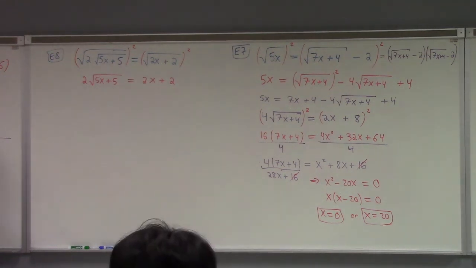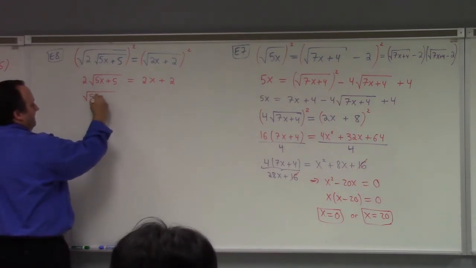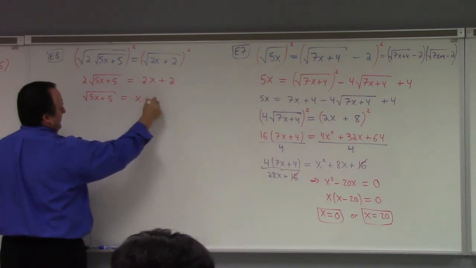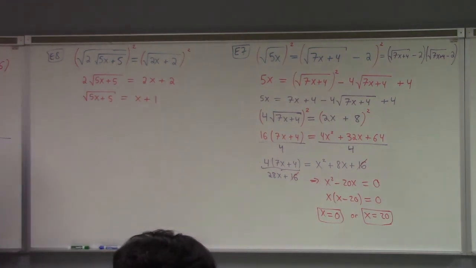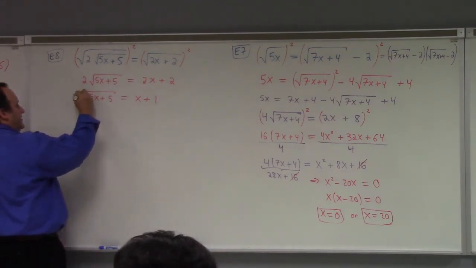Now, if you divide this by 2, we got what? I think dividing by 2 is a good idea, right? Let's clean up the mess before we take the next step. And then what do we do? How about, again, square?